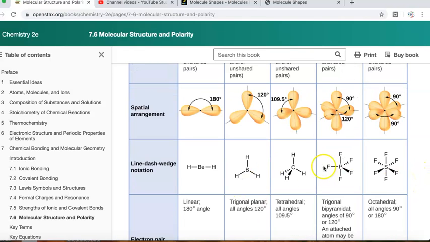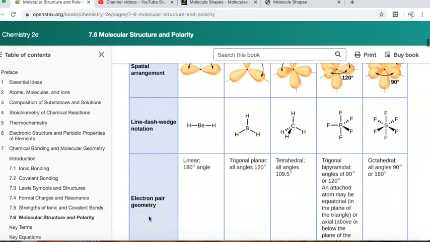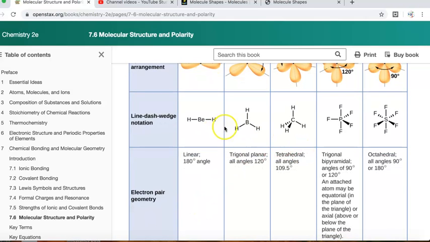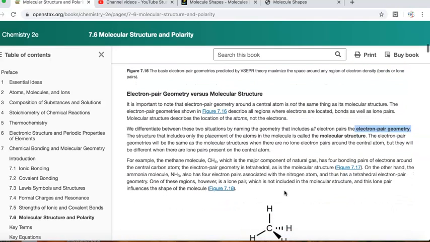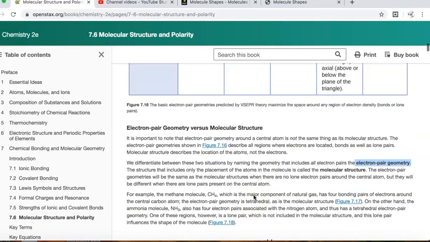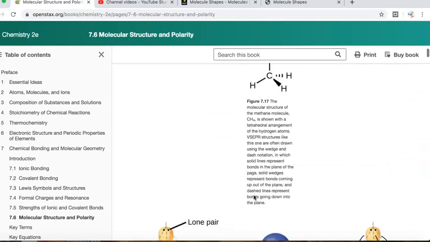So we know, for example, that there are some compounds that have lone pairs on the central atom, like ammonia. Its molecular geometry is not going to be the same as any of these electron pair geometry structures because it has lone pairs. So we need to know what kind of geometry you're going to expect when you do have lone pairs.